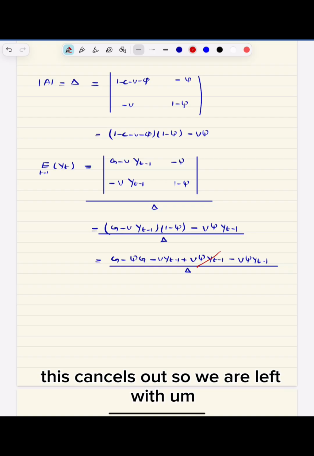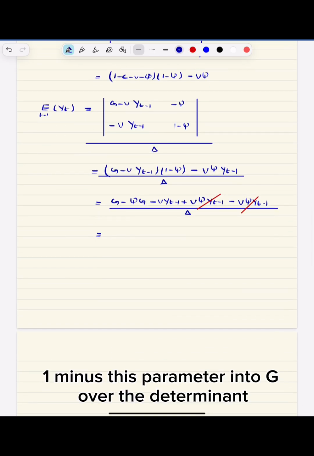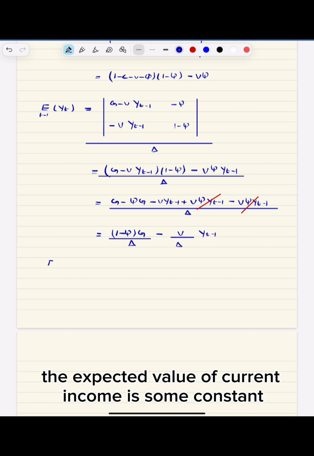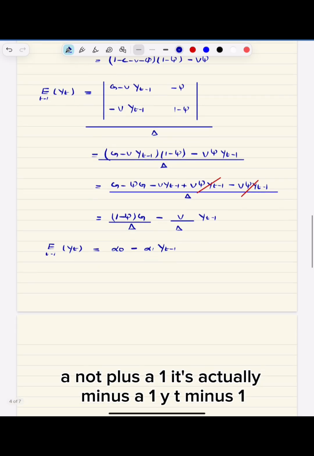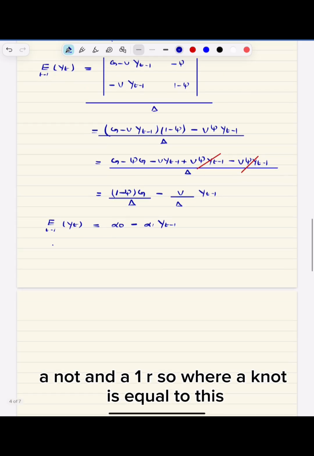We are left with 1 minus this parameter into g over the determinant minus v over the determinant yt minus 1. So therefore the expected value of current income is some constant a naught minus a1 yt minus 1, where we should mention what a naught and a1 are.